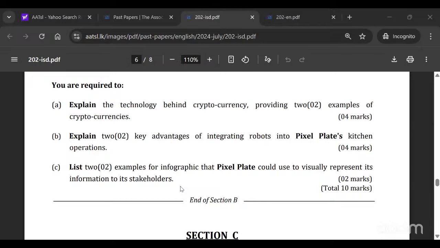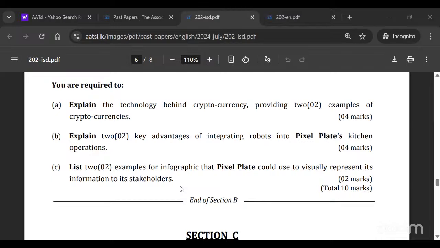Other thing is the cost reduction in labor. By integrating robots into kitchen operations, Pixel Plate can reduce the reliance on human labor for repetitive tasks. This can lower labor cost in the long term, not in the short term, right? As a robot can take over tasks such as food preparation, thus reducing the need for a large workforce.